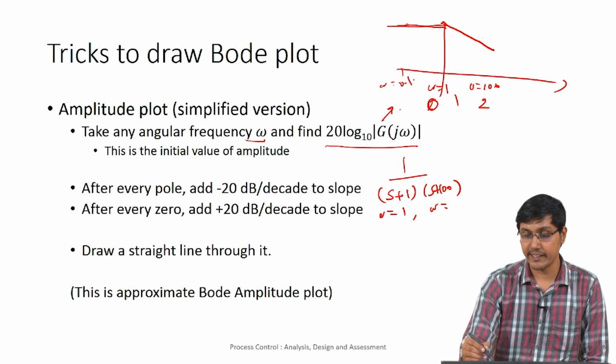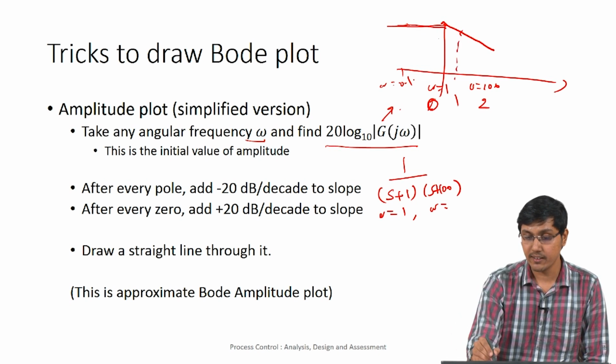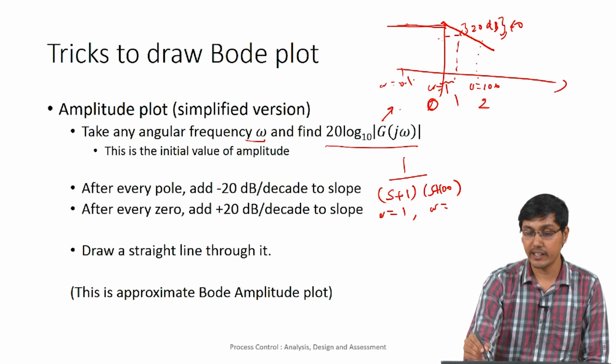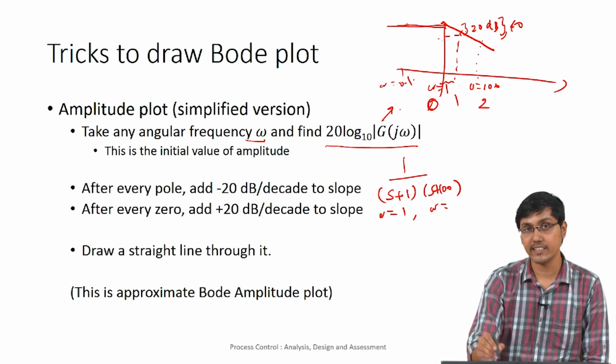fall by 20 dB per decade, which means that for every decade it will be falling by 20 dB here, and again 20 dB until this point, where it is totally 40 dB, because for every decade it is 20 dB.